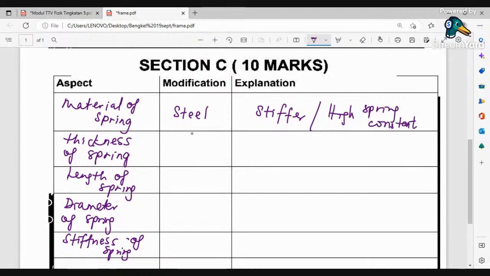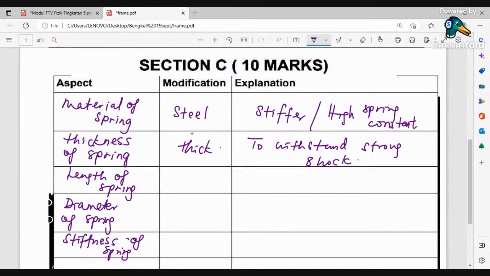Value is larger. Okay, thickness of spring must be thicker or thick to withstand strong shock. Okay, menahan hentakan yang kuat.